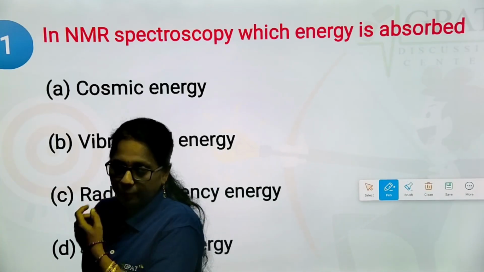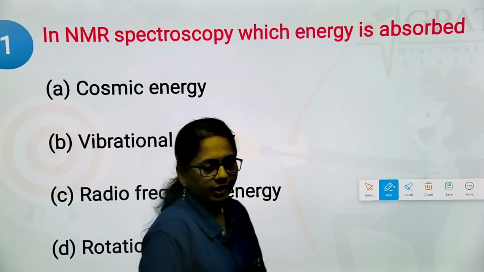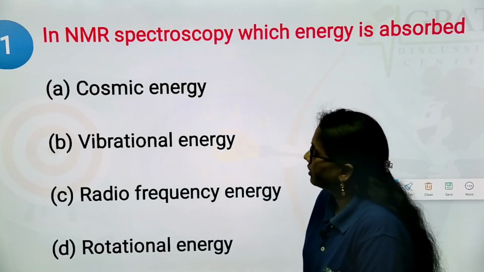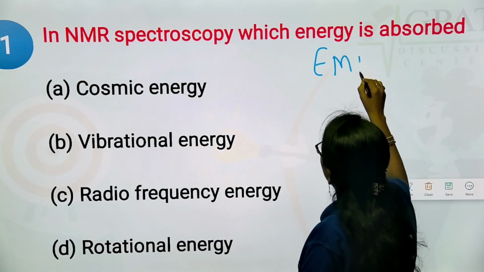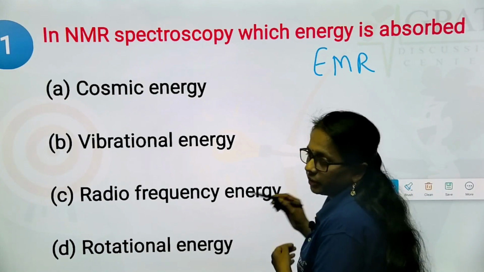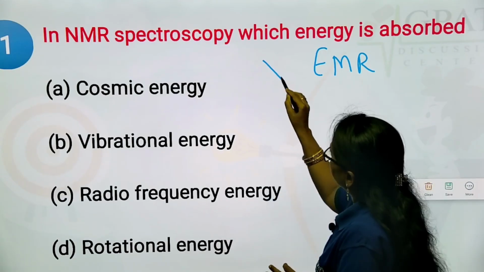You could easily select the correct answer, but let us have the basic concept. Electromagnetic radiation is divided into different types based on wavelength.